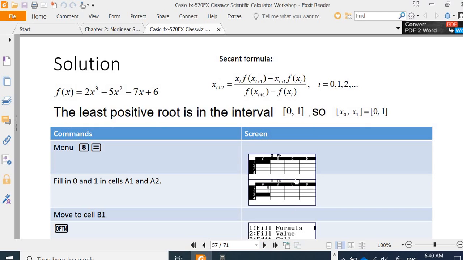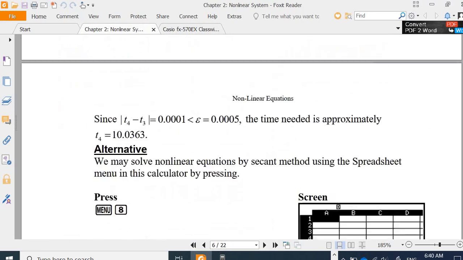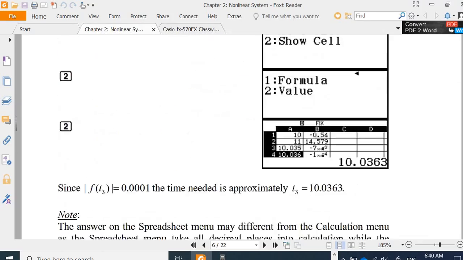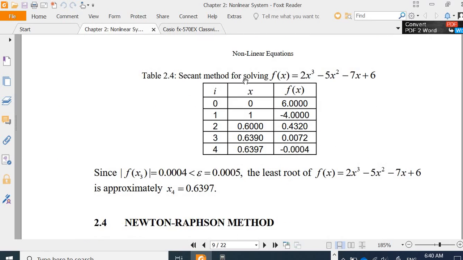We are going to solve it using your scientific calculator. If you solve it manually, you plug in x and build a table, so i from 0, 1.